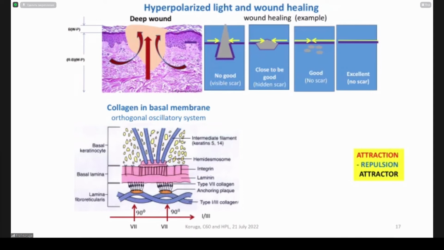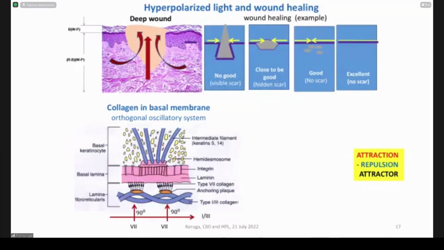Why is that important? It's important, for example, for wounds. When we have wounds, we don't like to have a scar at the end, and we should find a solution for how collagen in the basal membrane should oscillate, so that the basal membrane will be closed and will not give the opportunity to tissue to go from dermis to epidermis and make the scar.